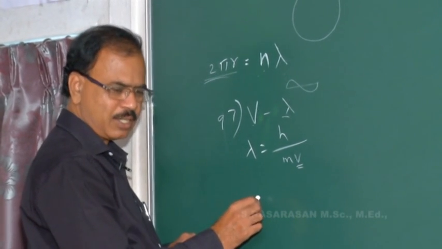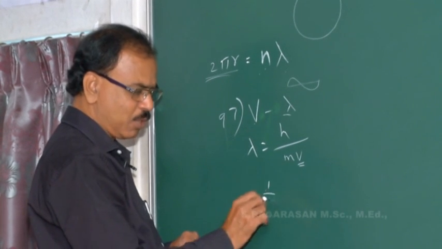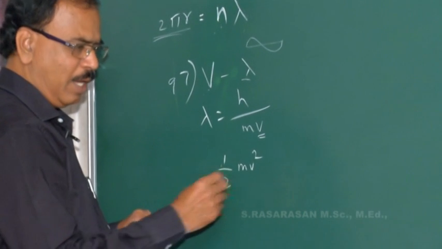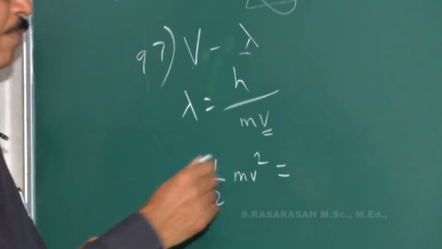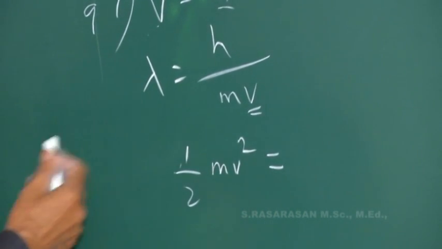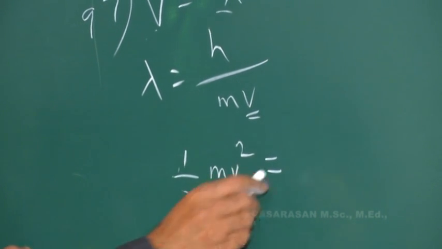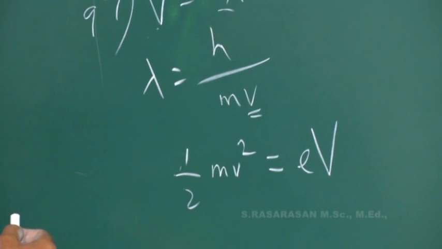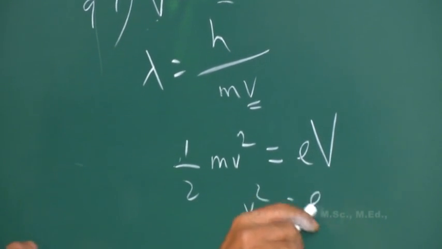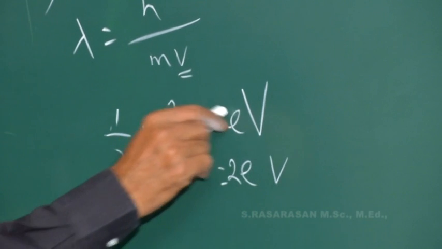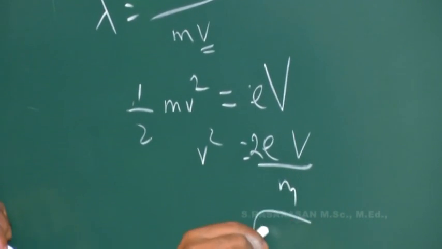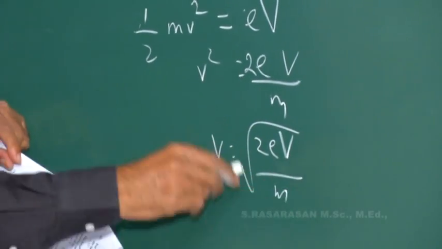When the electron is accelerated, it possesses kinetic energy, half mv square, and that is equal to the energy the electron gains, eV. Therefore v square is equal to 2eV by m, and v is equal to root of 2eV by m.